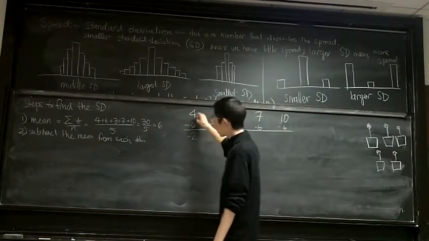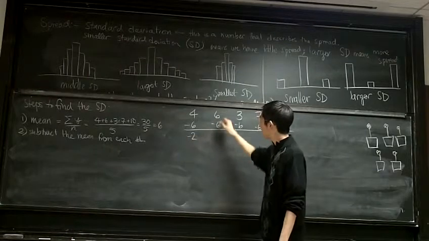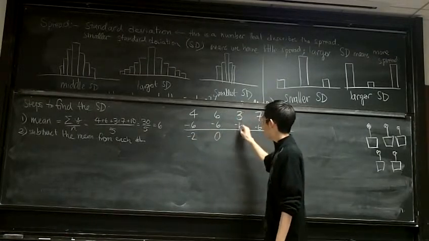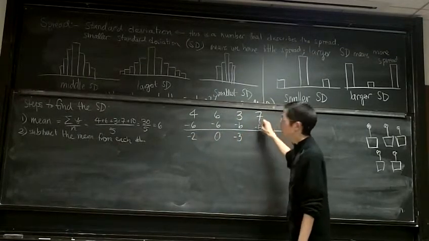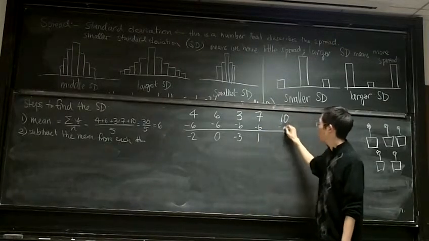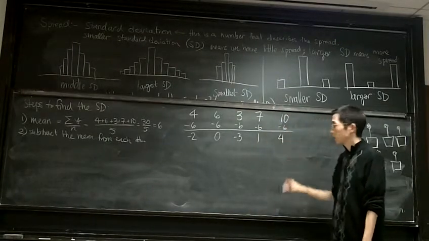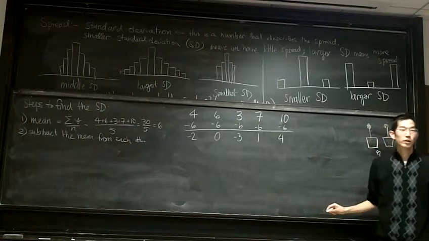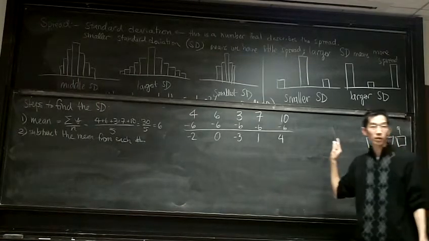And so here I get 4 minus 6 is negative 2, 6 minus 6 is 0, 3 minus 6 is negative 3, 7 minus 6 is 1, and 10 minus 6 is 4. Everyone's good so far?